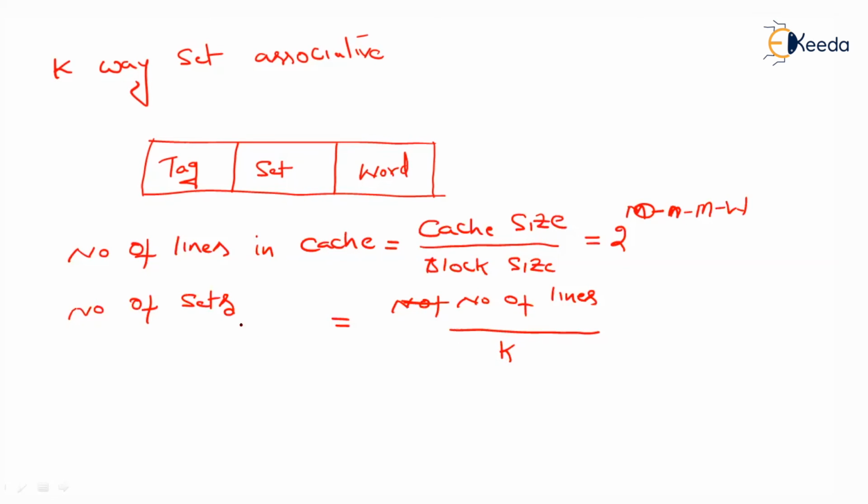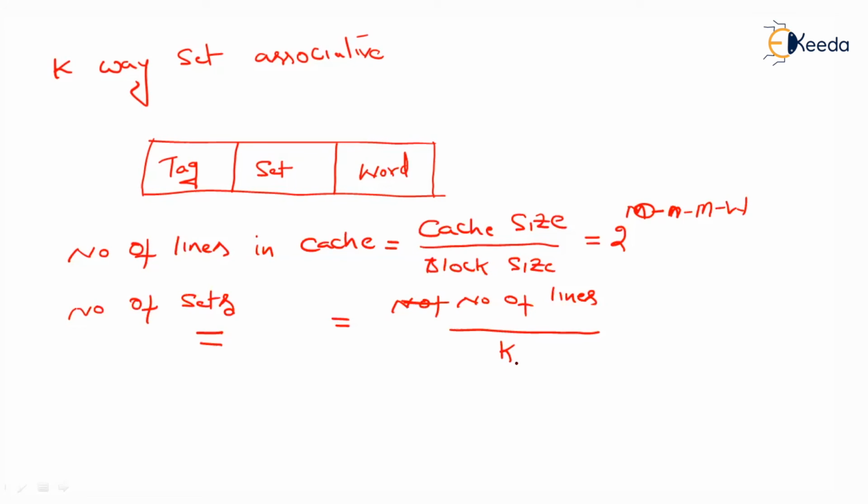In direct mapping, if the total number of blocks is equal to 1024, then in two-way set associative mapping, it will be 1024 divided by 2, that is 512. So to get the number of sets, we divide the total number of lines or blocks by k, the way of associativity.